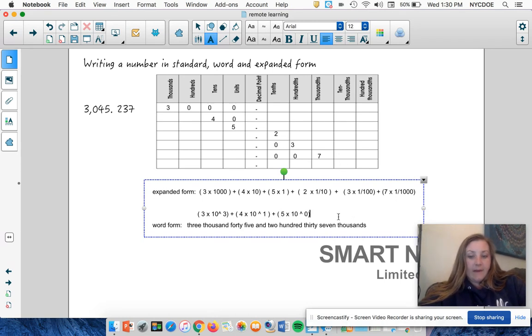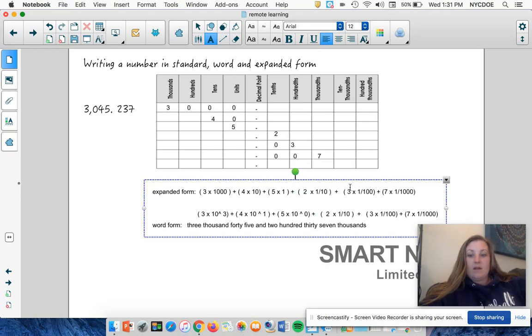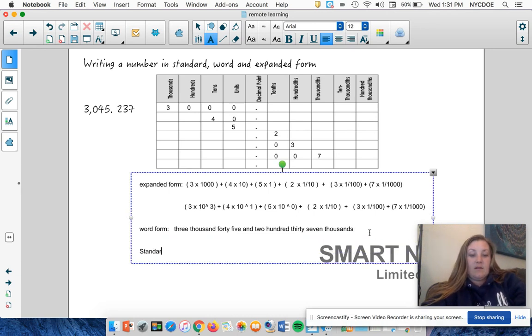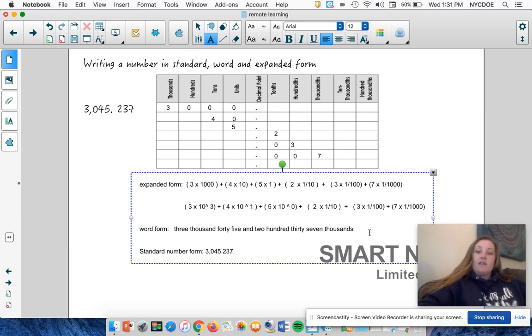And this would be the same. All right, so those are some examples. This would be my number form. Standard form, word form, number form. We have 3,045 and 237 thousandths.